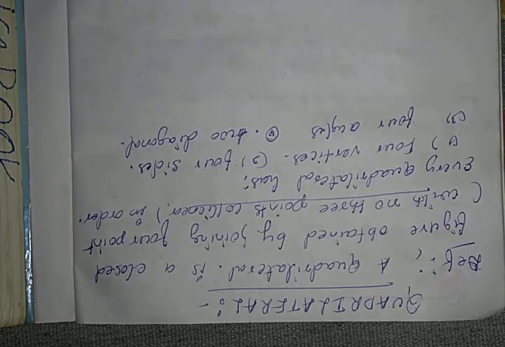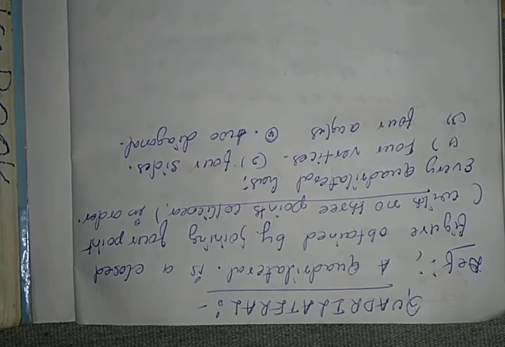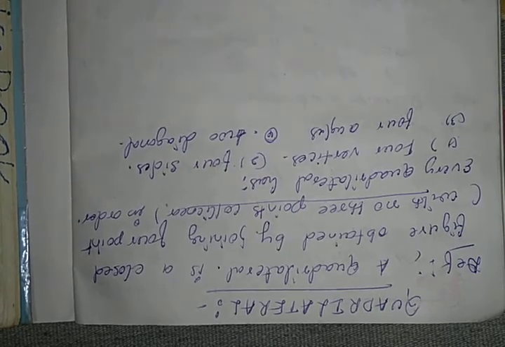So every quadrilateral has 4 sides, 4 vertices, 4 angles and 2 diagonals.